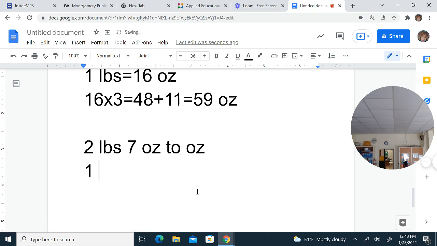We got 1 pound equals 16 ounces. So we're doing the one that said 2 pounds and 7 ounces to ounces. That's what we're doing.